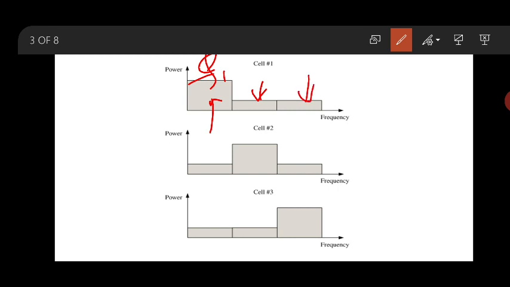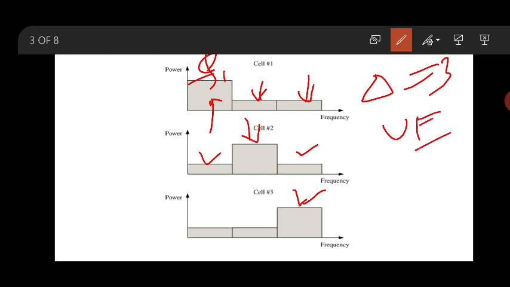Similarly, delta will be 3 here. If the user has moved to cell number 2, the highest power he is getting is from cell number 2, and the least power is from 1 and 3. Similarly, if the user entity has shifted to cell number 3, the highest power you are getting is from cell 3, and the least power from 1 and 2.